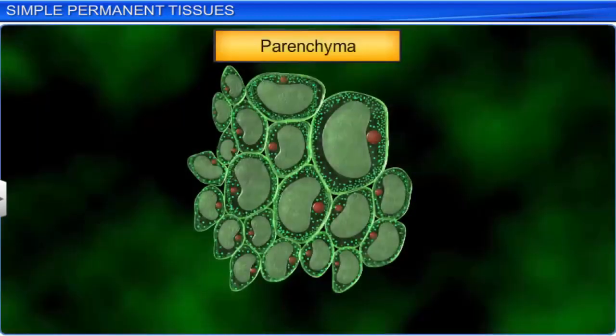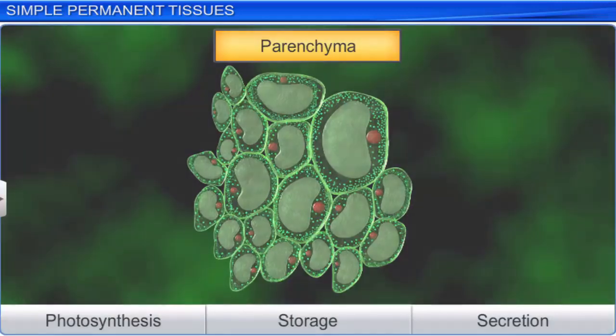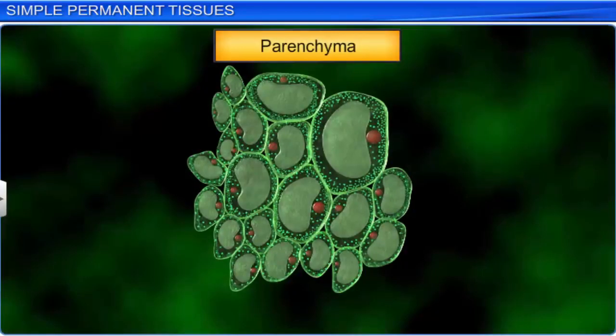Parenchyma is the most common ground tissue. It performs functions such as photosynthesis, storage, and secretion. The cells of the parenchyma have the same dimensions or the same length, width, and height, which means that they are isodiametric.